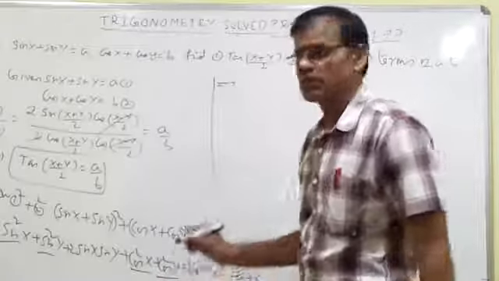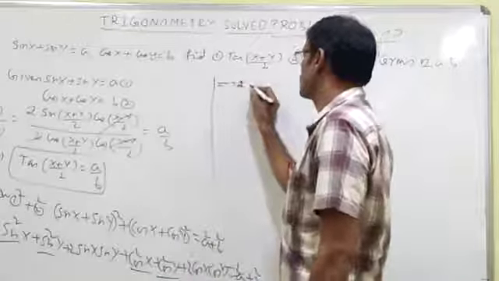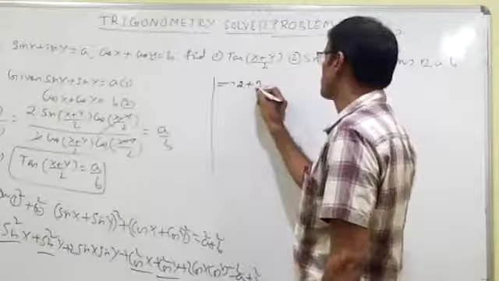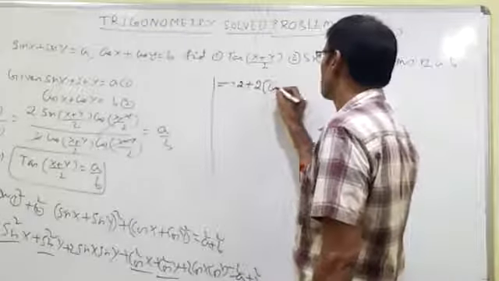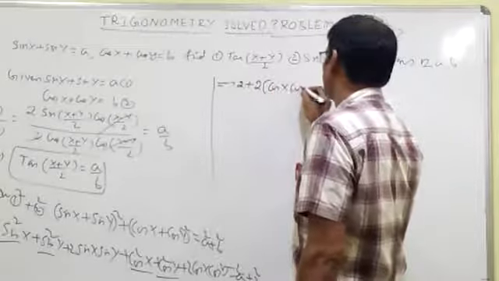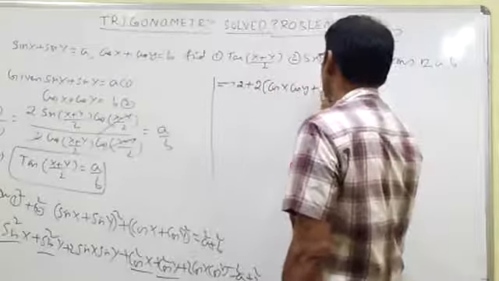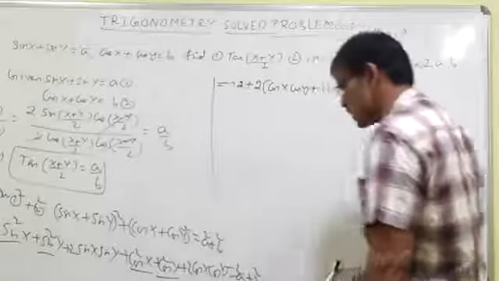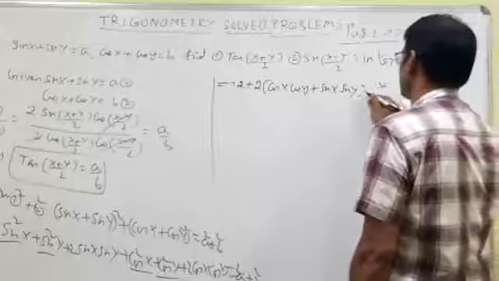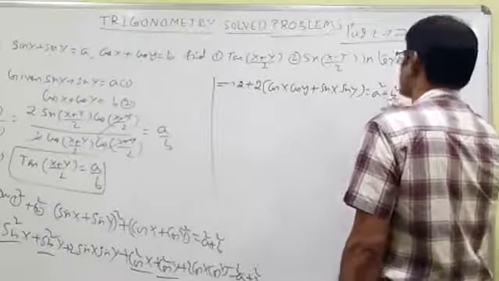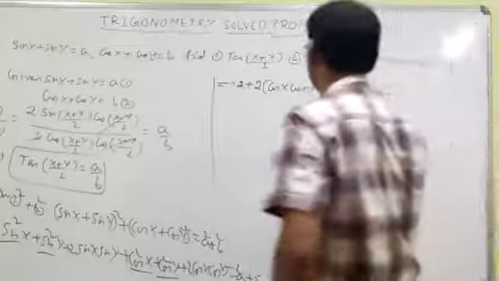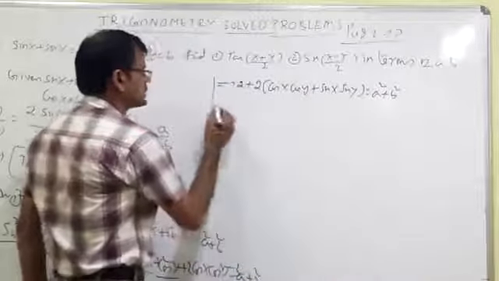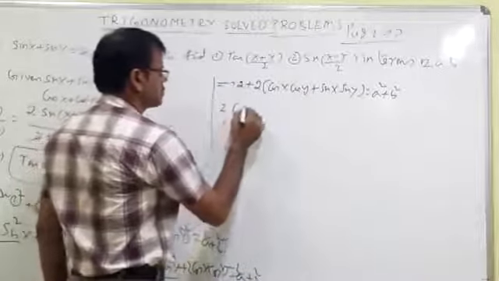So 2 ones are there, write 2, and with 2 taken common, write the formula: cos x cos y plus sin x sin y, is equal to a square plus b square. Now taking this 2 to that side, you can write a square plus b square minus 2.